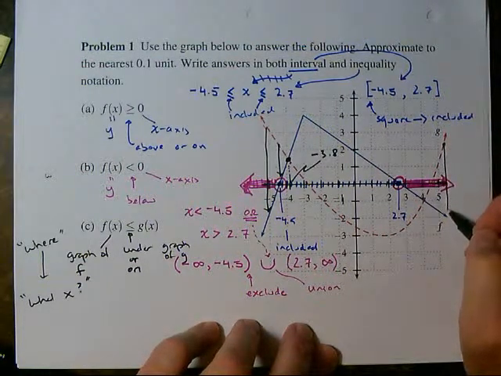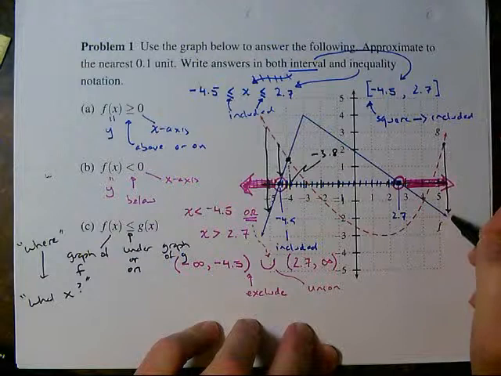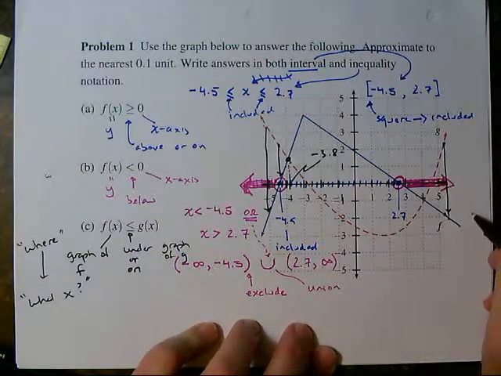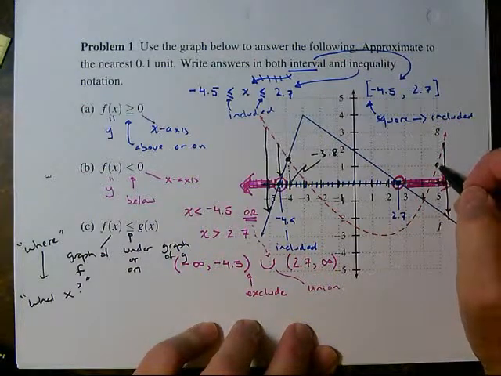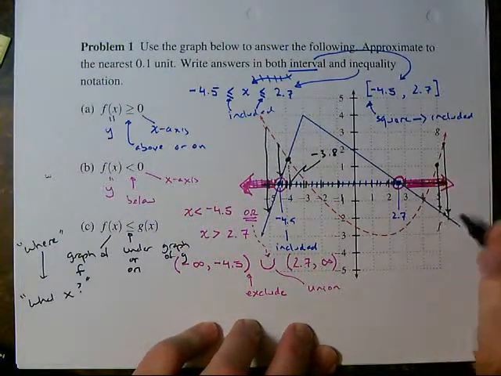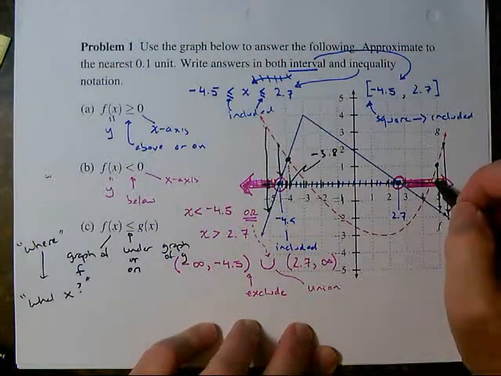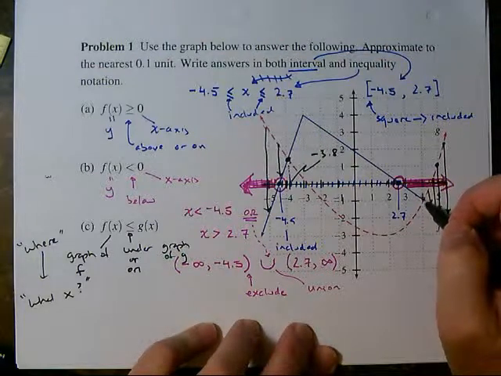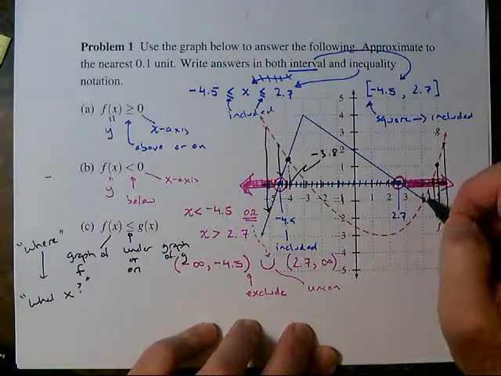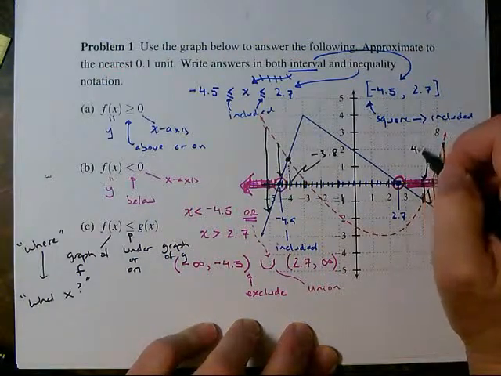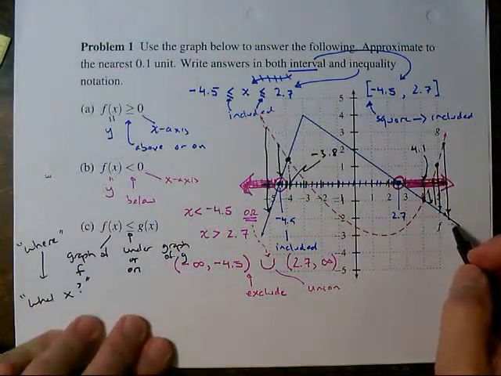Likewise over here, the red dash graph is below the blue solid graph because a vertical line from any point here goes down and actually touches the blue graph. Any point on the red graph, I can move downward to touch the blue graph. So that's what it means to be above. And it will be until about right there, which is about 4.1.